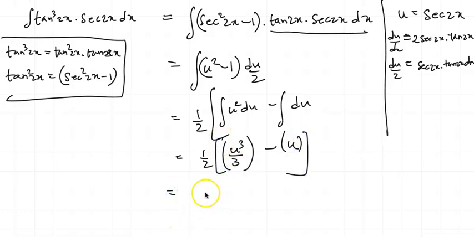So the final answer will be 1 by 6 secant cube 2x minus half of secant 2x. So this is the final answer.